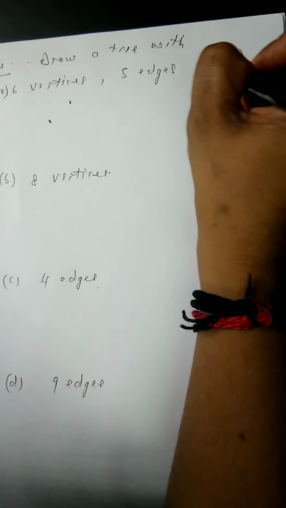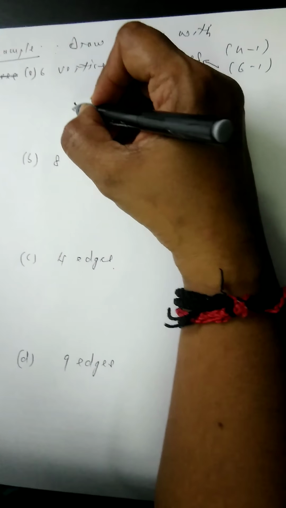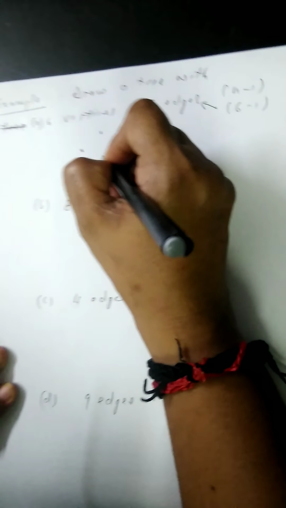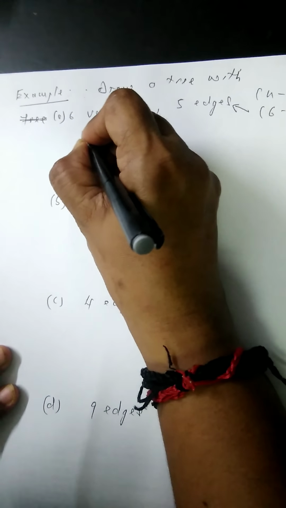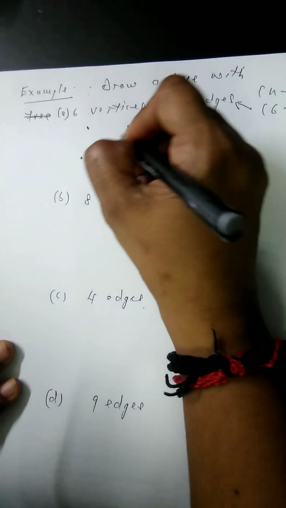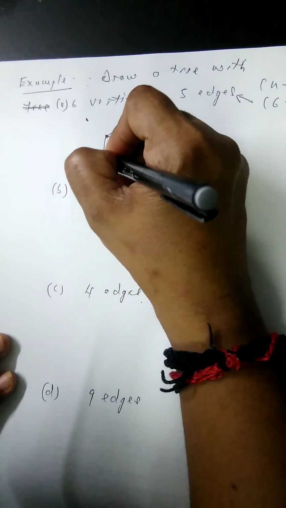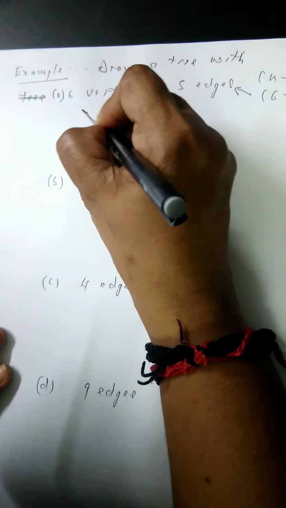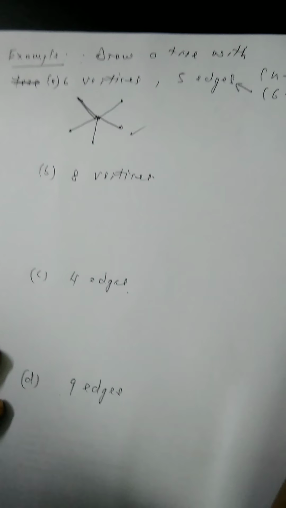So this is 6 minus 1, so I only have 5 edges. So maybe 1, 2, 3, 4, 5, 6. So probably I can do this: 1, 2, 3, 4, 5. Okay, so that will be a tree.